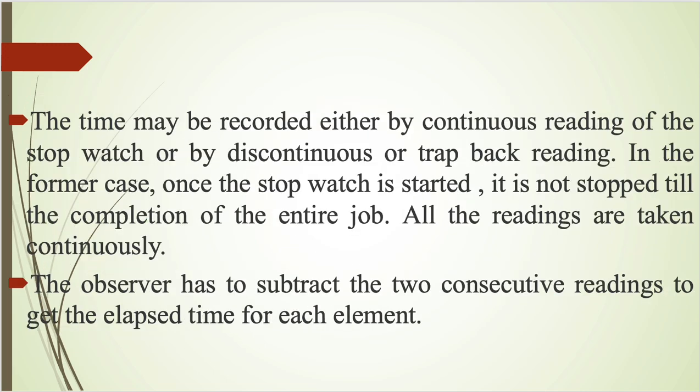The time may be recorded either by continuous reading of the stopwatch or by discontinuous or snap-back reading. In the former case, once the stopwatch is started, it is not stopped till the completion of the entire job. All the readings are taken continuously. The observer has to subtract two consecutive readings to get the elapsed time for each element.